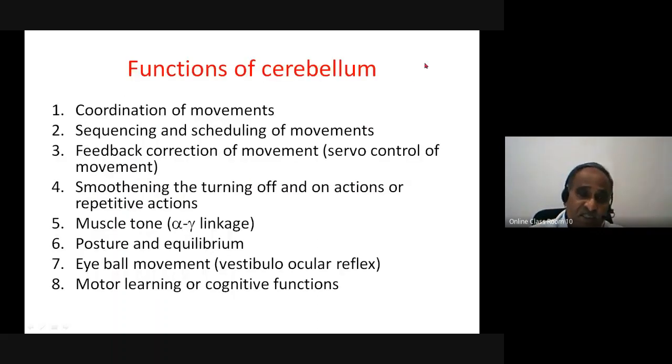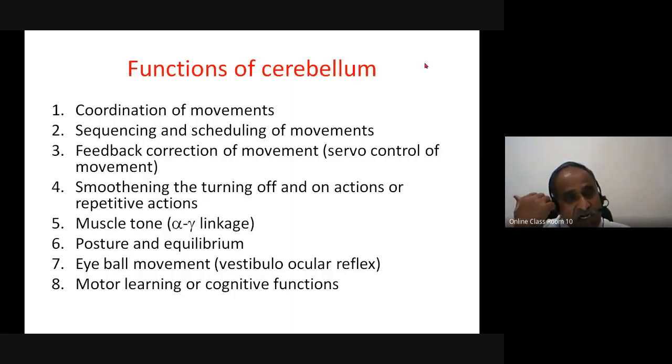Now, the functions of the cerebellum. I am here only listing the functions of the cerebellum. It is the coordination of the movements. That means all our movements are coordinated in such a way that they become smooth and well organized, and you don't have any interruptions.